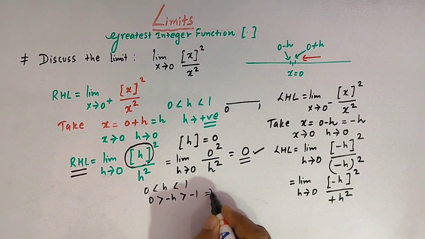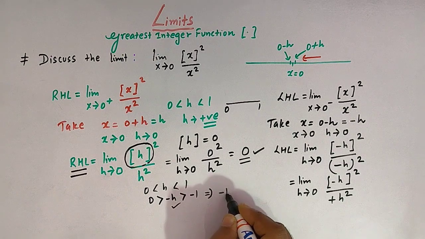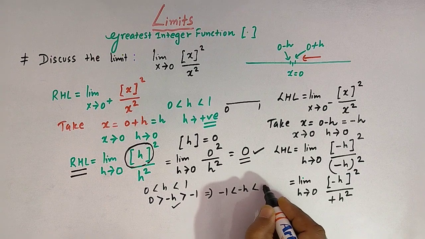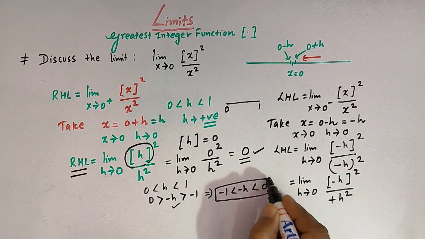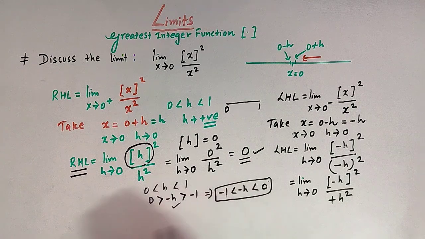So we can rewrite this inequality as minus 1 less than minus h less than 0. This is an important inequality, and it suggests that minus h lies between minus 1 and 0.